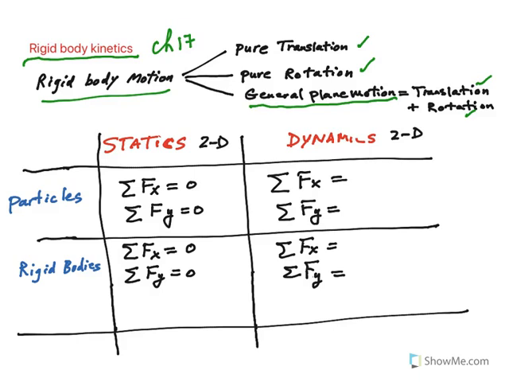So basically, I have to mention that this chapter only deals with using the second law to solve kinetic problems. And we have to modify, obviously, the second law, F equals ma, to account for the rotation of the motion.